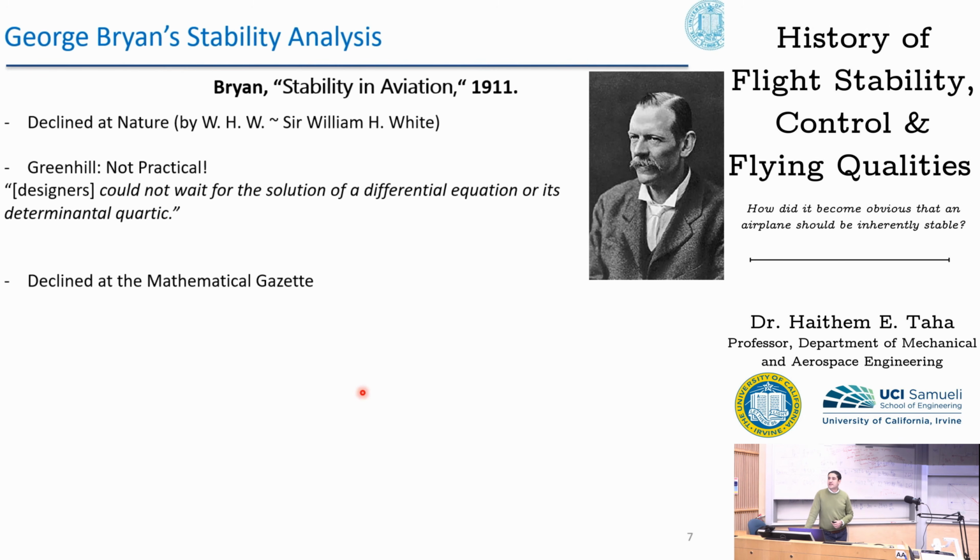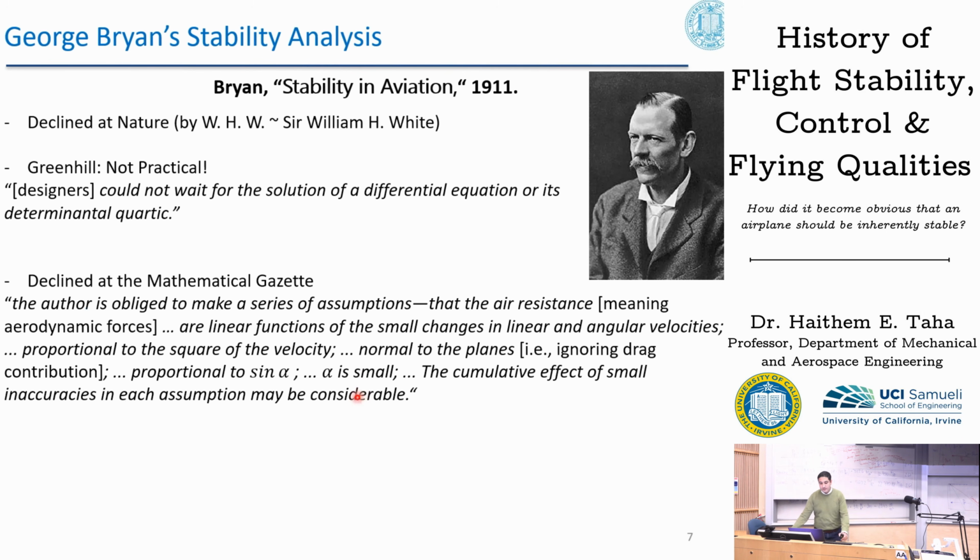The paper was declined at the Mathematical Gazette as well, and the reviewer wrote the following: the author is obliged to make a series of assumptions. That the air resistance, they mean the aerodynamic forces at the time, are linear functions of small changes in linear and angular velocities. They are proportional to the square of the velocity, v squared.